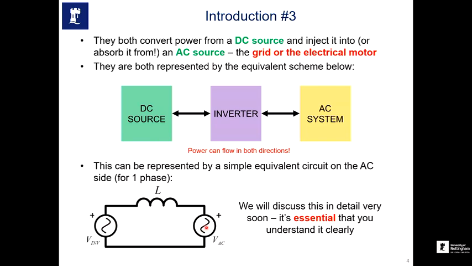V_AC is the AC voltage of the grid. V_inverter is the AC voltage generated by the inverter. And then we can just put a simple L, which is a filter. This simple circuit can model the system where your DC source is connected with an AC system via an inverter.